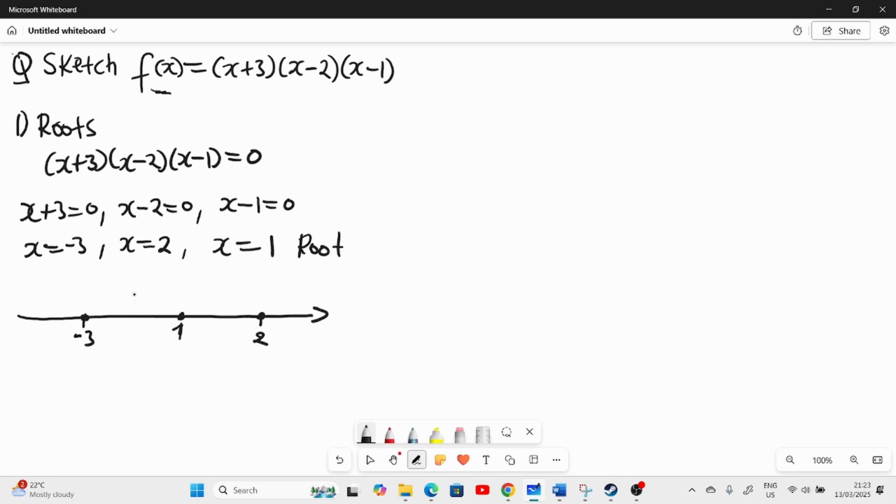So for example, because 0 is somewhere here, this is the y-axis, this is the x-axis, and then 0 at the origin there.